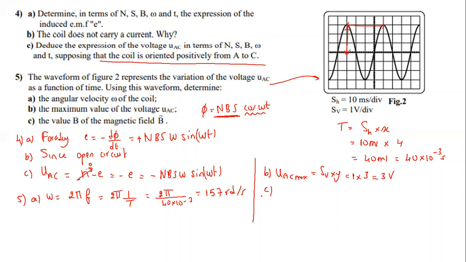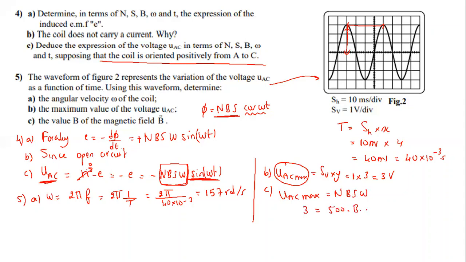C, the value of B of the magnetic field. In order to find B now, we must pay attention to the sequence of the questions. So what do we have? The question was to find UAC maximum, but I know that UAC is a sinusoidal expression. So this part here is the maximum, which means that UAC maximum is equal to NBS omega. So 3 equal, it's 500 turns.